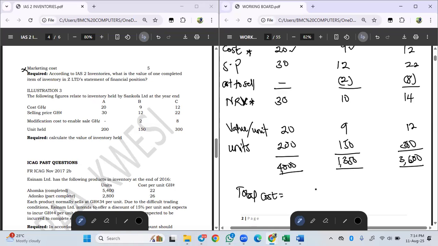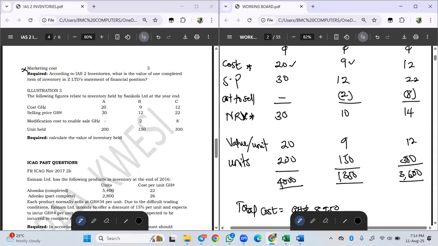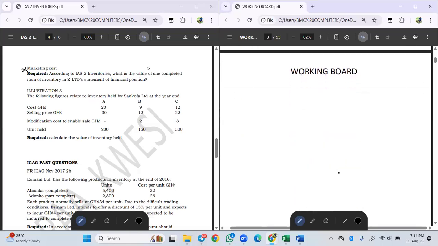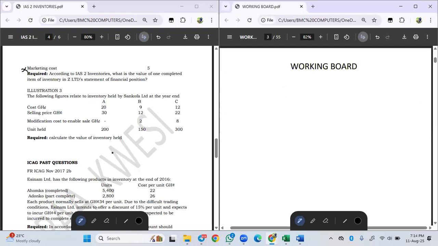So add all of them for me to get the total cost. 8,950. So please, I hope you are okay with this one. So IAS 2 is not difficult.